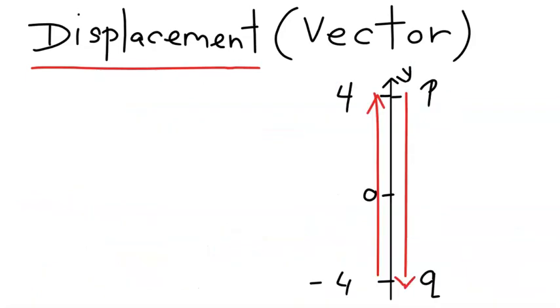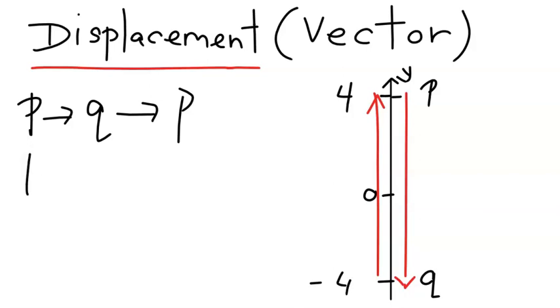Let's look at this particular example. An object goes from point P to Q and then back to P, as shown by those two red arrows. What is the displacement for this particular motion? The displacement vector in this case is given by the position vector of the final point.